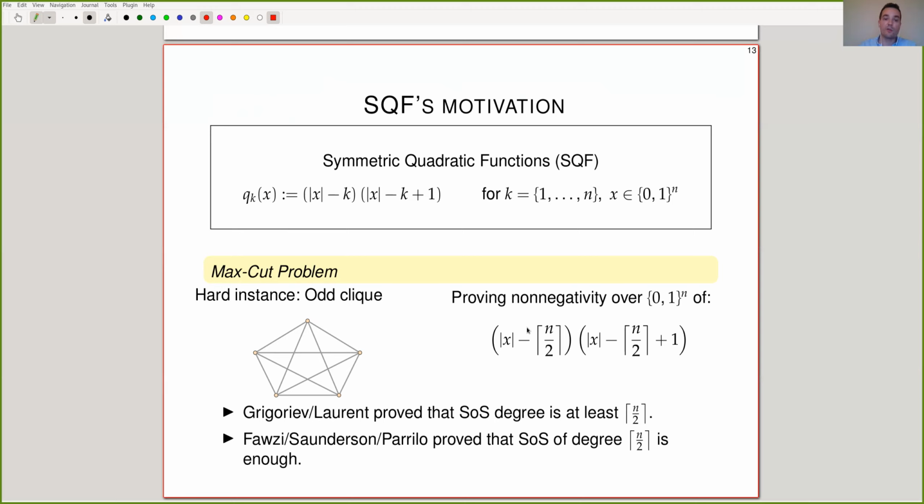Grigoriev and Laurent proved that the sum of squares degree to certify the size of the maximum cut in an odd clique is equal to the degree needed to certify non-negativity of this polynomial, and in this case it is n over 2 rounded up. And this result is actually tight, as proved later on by Fawzi, Saunderson, and Parrilo.